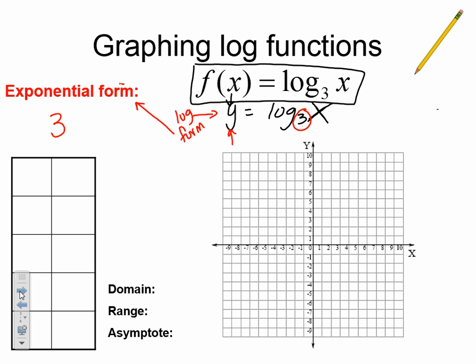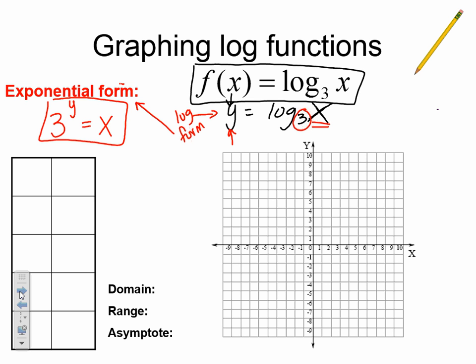So that right there, the y, is the exponent. And then what value does it equal? That's this spot right here. So I've converted an equation from log form into exponent form. This exponent form is what I'm going to use to help me create that table. So taking it from log form, converting into exponent form, and then I can create this table.